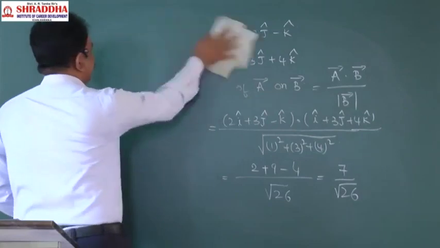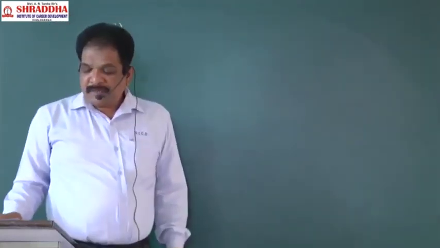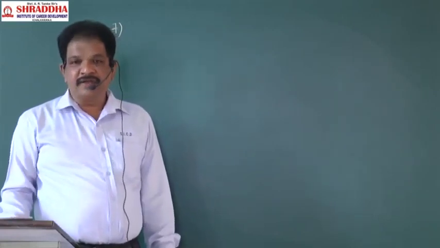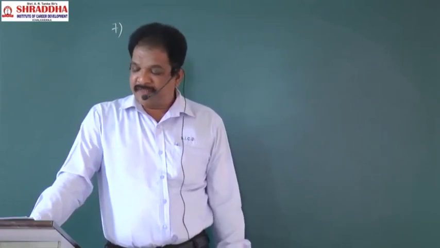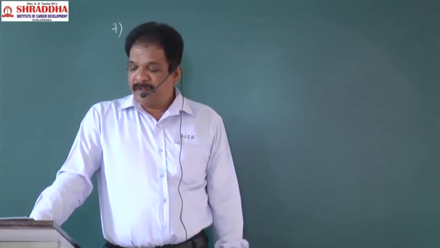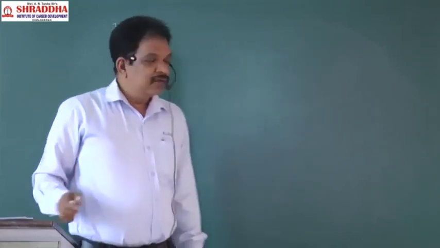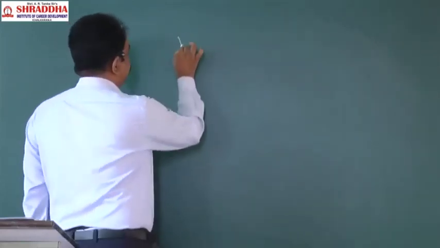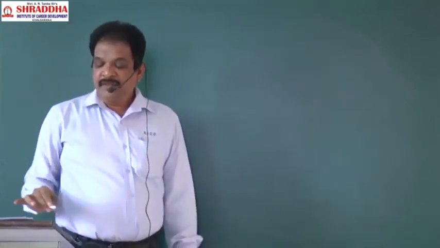Question number 7. What they are asking, see. Particle has initial velocity 2i cap plus 3j cap and its acceleration is 0.3i cap plus 0.2j cap. Magnitude of velocity after 10 seconds. We know the formula V is equal to U plus AT.